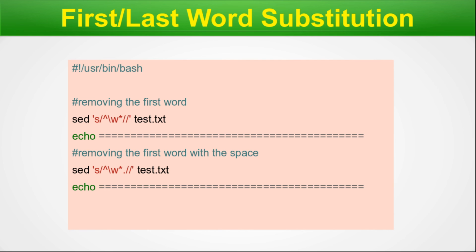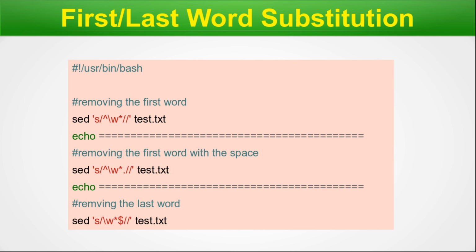We echo a separator, and then we are removing the last word. Sorry about the typo here, one o got missing. So here what we do is s, then slash, backslash w, then star, then dollar. So this dollar marks the end of the text.